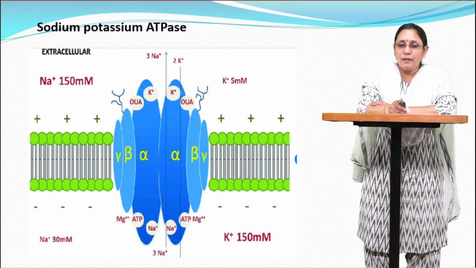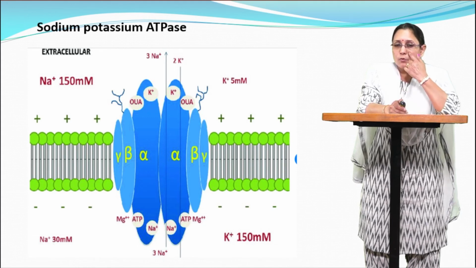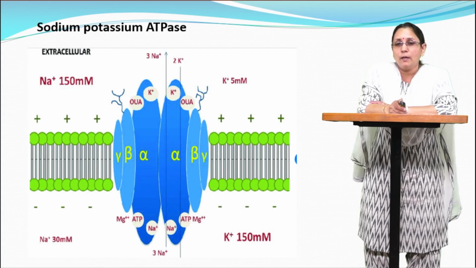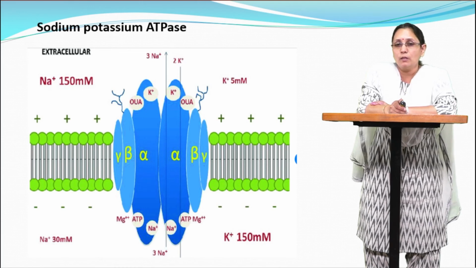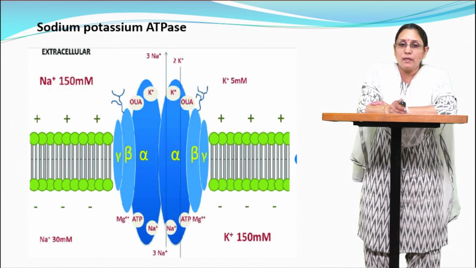Inside the cell, sodium should be only 30 millimolar and potassium 150 millimolar. This is called the electrochemical balance, and it is possible only because of the sodium potassium ATPase pump.